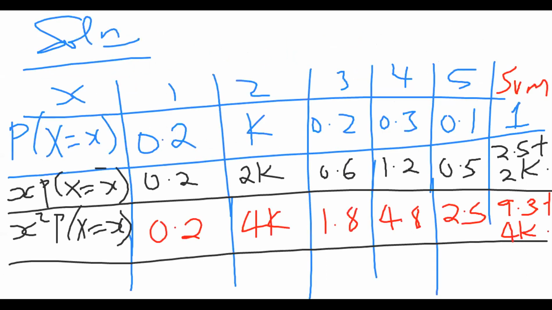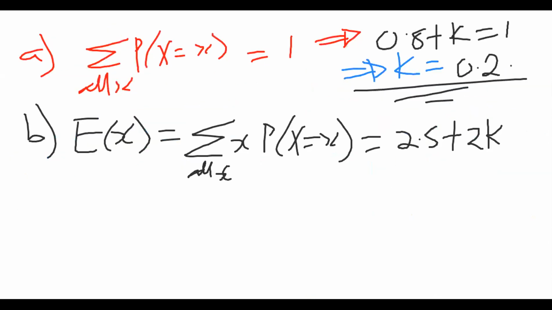Expectation of x is here, 2.5 plus 2k. Correct. So when you substitute for the value of k, 2.5 plus 2 times 0.2, what answer do we get? 2.5 plus 0.4, which is equal to 2.9. 2.9, correct.